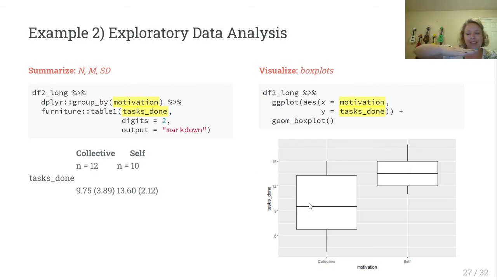So the lines on the box plot, remember, those are not the means, those are the medians, but they help us judge center. So in the collective group, it does in fact look like they got less accomplished than the self group. But the spreads are not the same. You can look at those boxes, and in the collective group, the box is bigger. There's more spread out. In the self group, it's a lot more compressed.